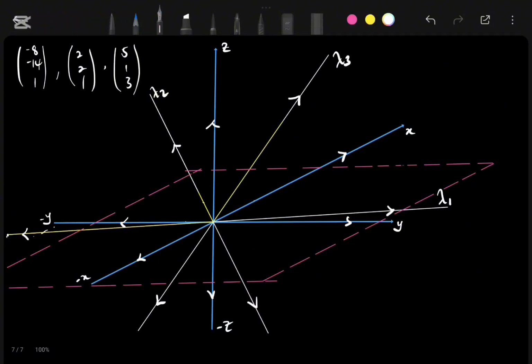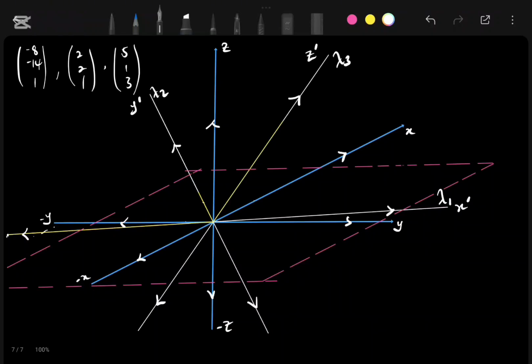Okay, so now what we will do next is to try and give a two-dimensional representation, then we transform it into three-dimensional. We are going to treat lambda 1 as our x-axis, so let me label it x prime, lambda 2 will be y prime, and lambda 3 will be z prime.